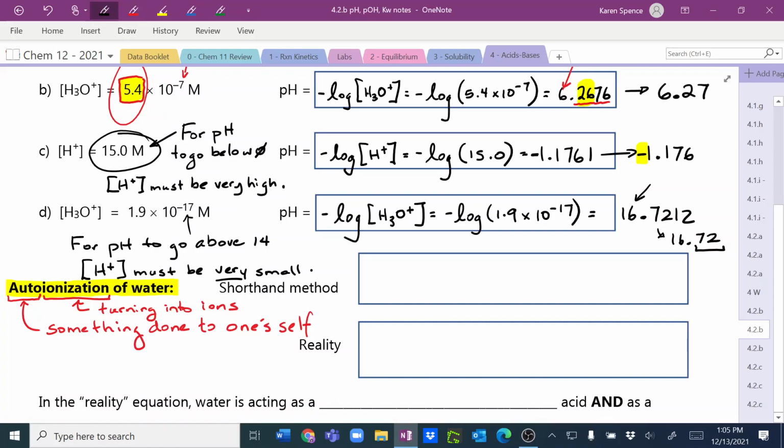So it turns out that pure water, just hanging out on its own, actually dissociates to a very, very small degree.